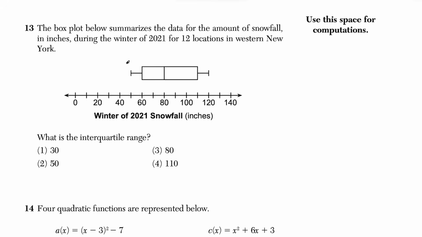Question 13, the box plot below summarizes the data for the amount of snowfall in inches during the winter of 2021 for 12 locations in Western New York. What is the interquartile range? So for one, we have to know that the interquartile range is Q3 minus Q1. Okay, so we're doing Q3 minus Q1. And the anatomy of a box and whisker plot.